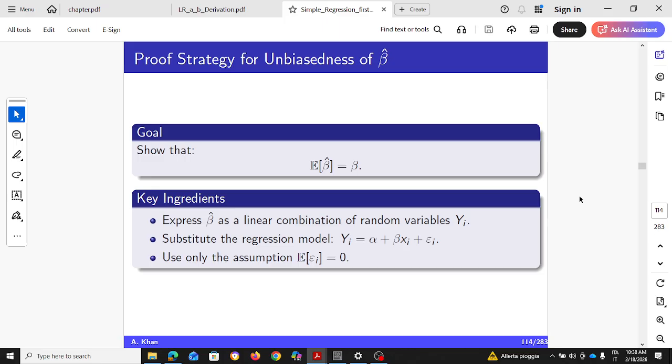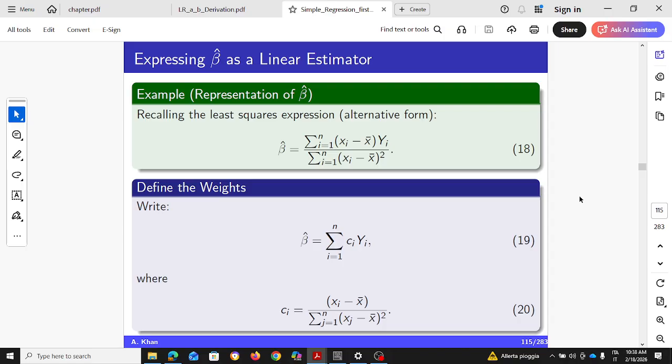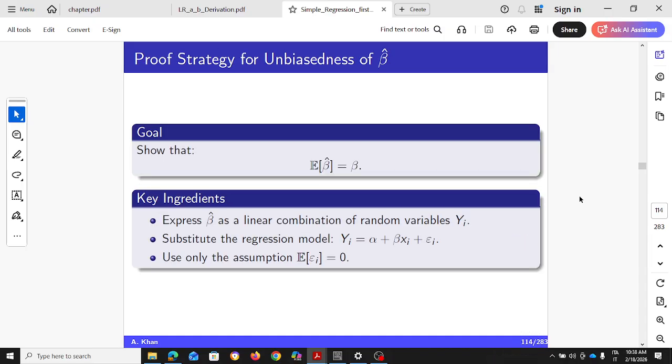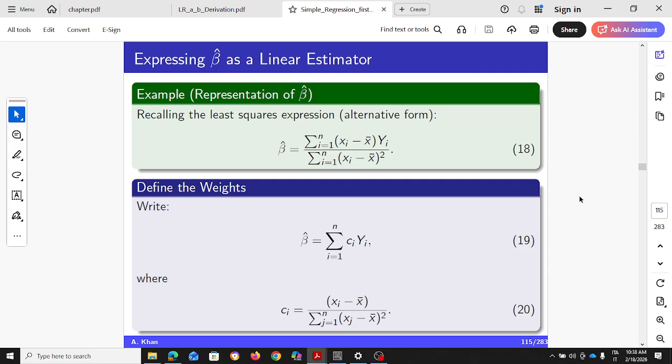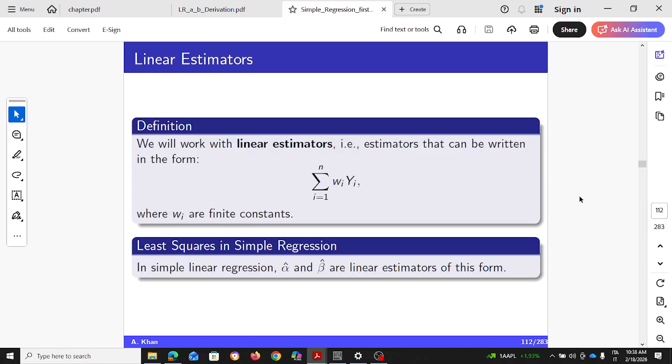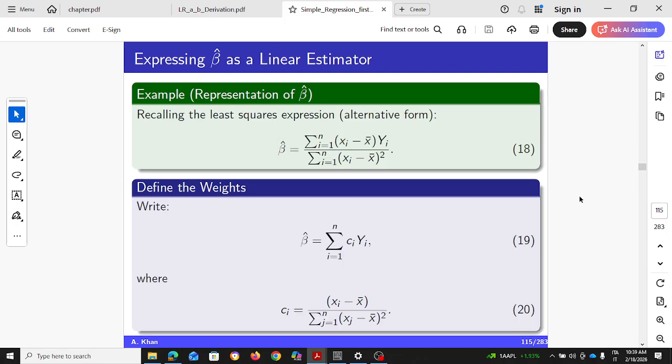For this we will just use the assumption that the expectation of the random errors, the disturbance term, which we cannot get from our data and which is caused by some external variables, is equal to 0. Now to prove that the expectation of the predicted value of beta is equal to the true value of beta, just put here in place of wi the values we knew before.